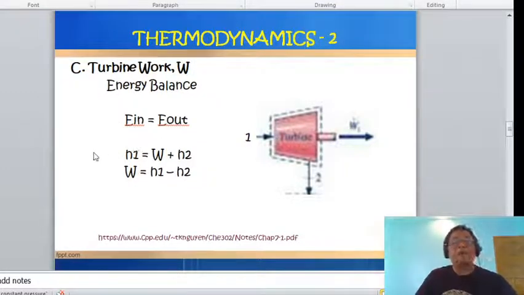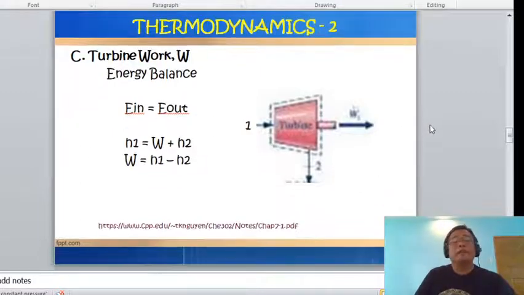And then after getting s sub 2, equate it with sf2 plus x sfg at 2, and then get the value of x. And then substitute: h sub 2 is equal to hf2 plus x, where that x is the value obtained from the entropy, multiplied by hfg at 2. Okay? So, very clear, class.